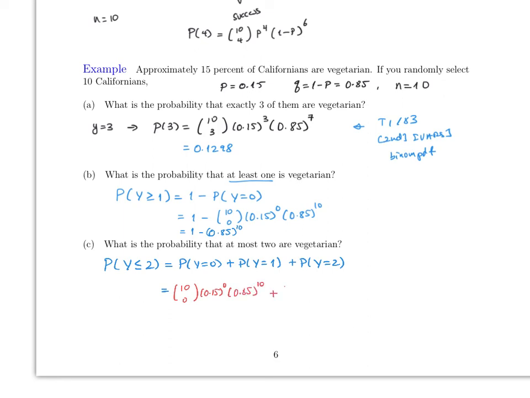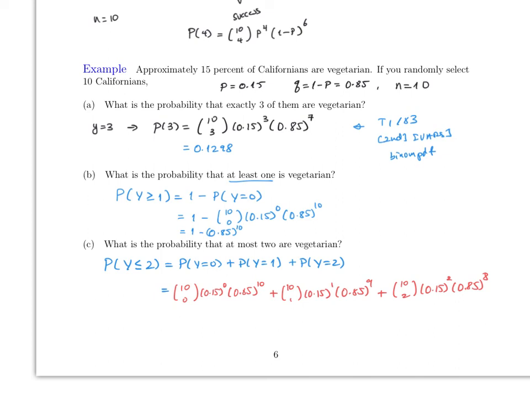Then the next one will be 10 choose 1, times 0.15 to the first power, times 0.85 to the 9th power. Then the last one will be 10 choose 2, times 0.15 to the second power, times 0.85 to the 8th power. Again, in case you haven't noticed, the exponents on p and on 1 minus p have to add to n, and p plus 1 minus p has to add to 1 all the time.